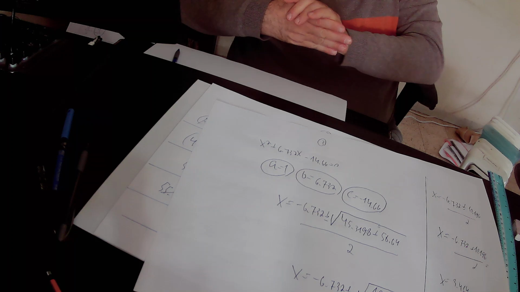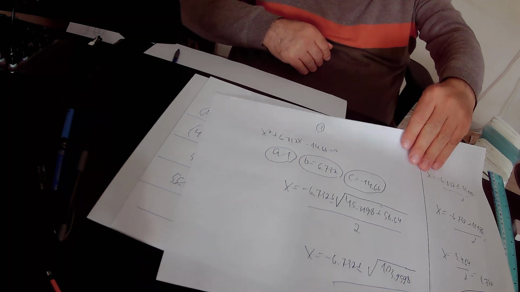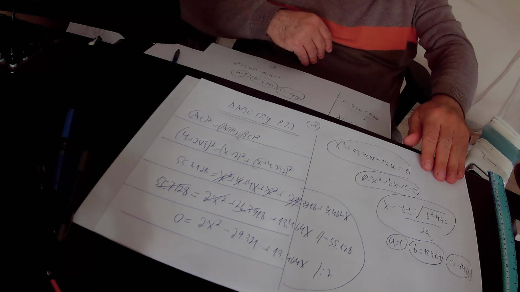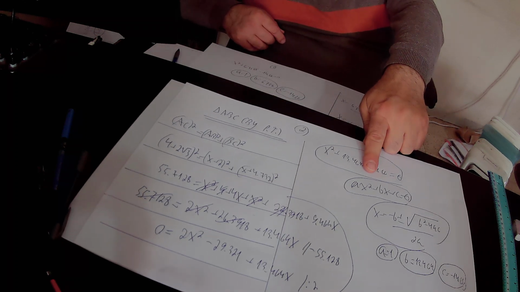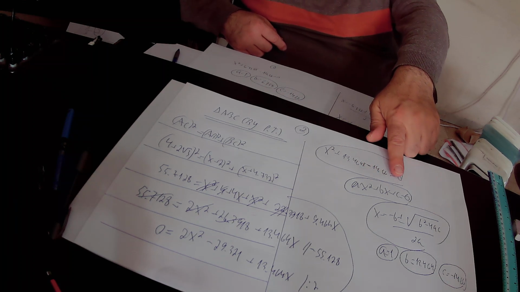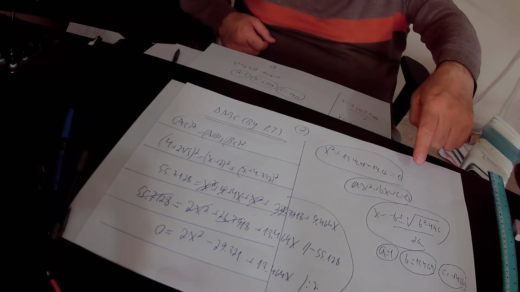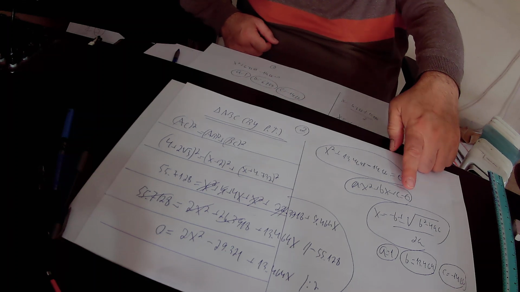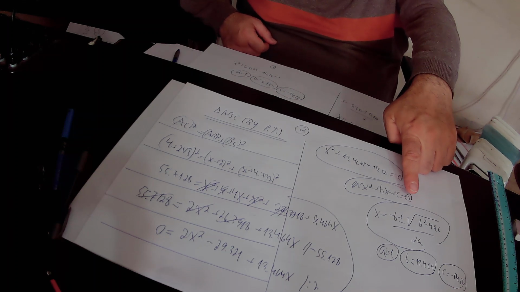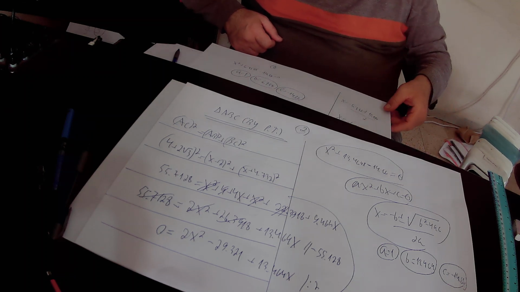This is a quadratic equation, and the general formula for a quadratic equation is ax squared plus bx plus c equals 0. In this general formula, a, b, and c are the coefficients of the quadratic equation, and x is the variable that we are looking for. We find the value of x according to the following formula: x equals minus b plus or minus square root of b squared minus 4ac, over 2a.